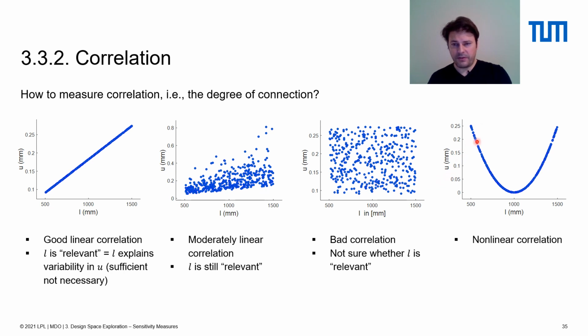So when you look at the final example where you observe sample points on a parabola, you can see that there is no linear correlation, there is only a non-linear correlation. And L is relevant because it will tell you exactly what U will be.